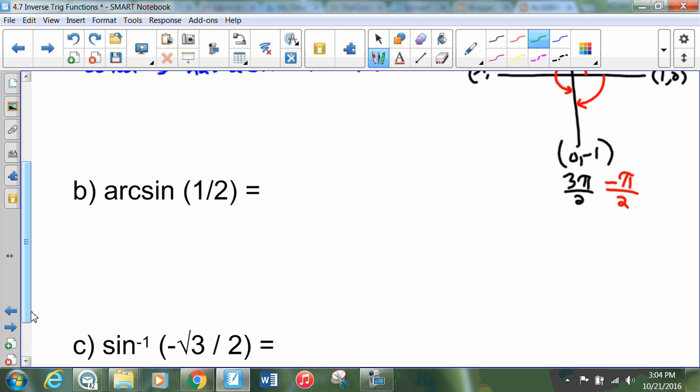In class, I told you it's really an easy way to remember that sine and tan both have the same parameter for their angles. They both had to be between pi over 2 and negative pi over 2.